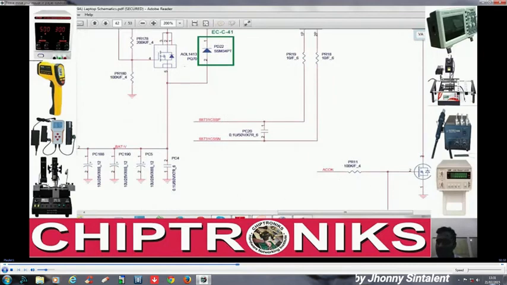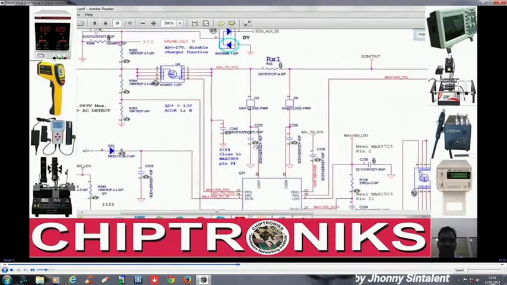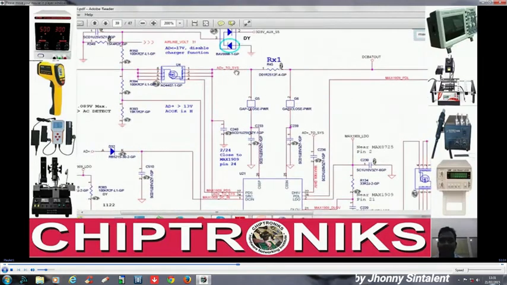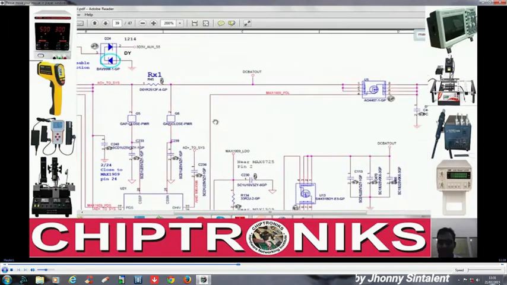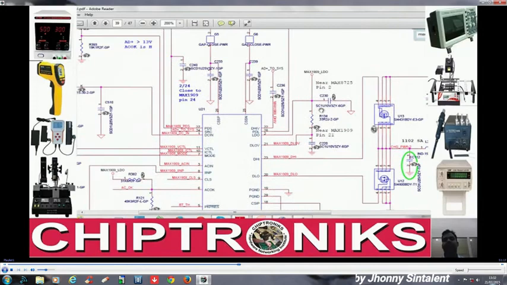It's not going to any MOSFET to open it up, right? Whereas in the DV2000, when the adapter is present, DC bat out will get generated. This will turn off through this PDL switch, and we'll discuss the schematic and the data sheet of this charger IC in great detail in this class only.